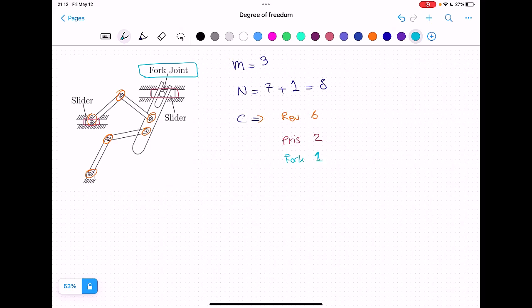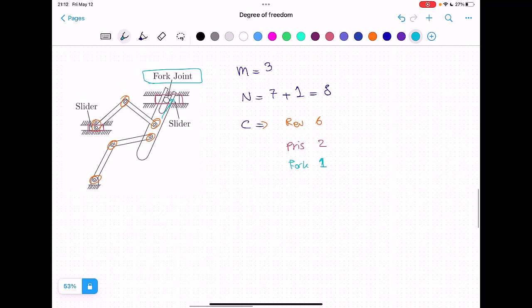Actually, as you know, the fork joint allows you to rotate around one axis and move along one axis. So we identify the number of constraints for each one of them.